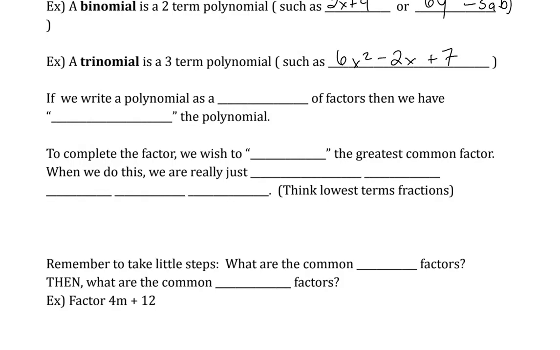If we write a polynomial as a product, so multiplying two things together, so a product of factors, then we have factored the polynomial. Today is all about factoring. To complete the factor, we wish to pull out or divide out.